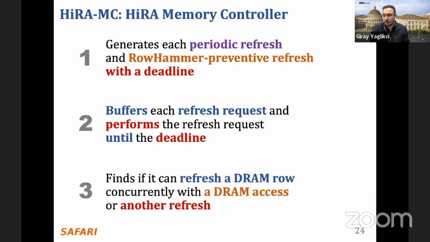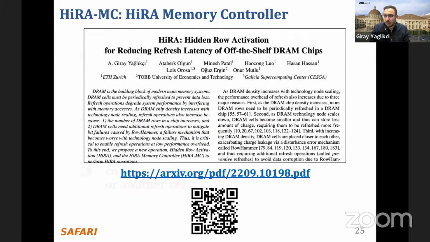And to find if we have an opportunity of concurrently performing a refresh with a row activation or with another refresh. I will not go into details to save time, but you can find more details about the exact implementation of this mechanism.